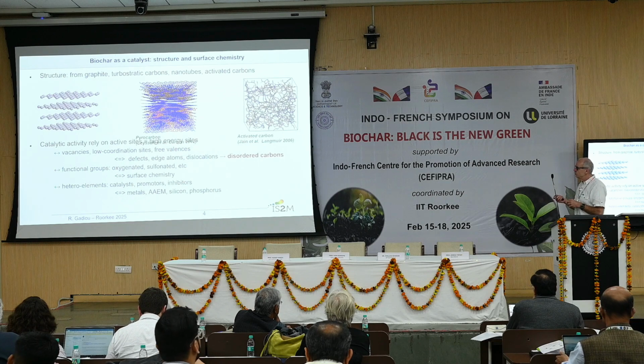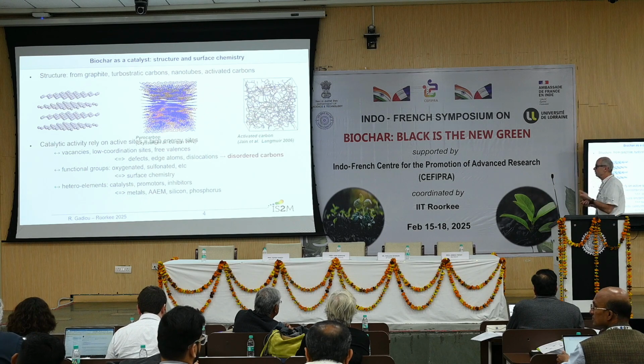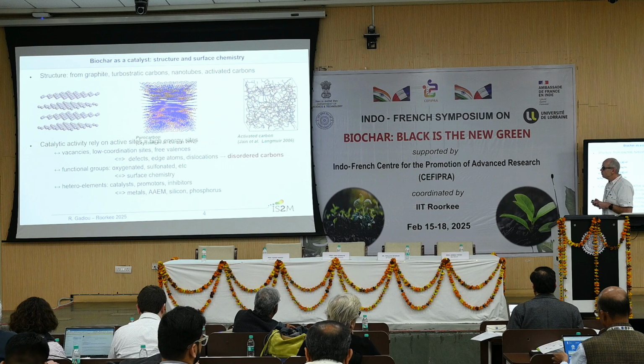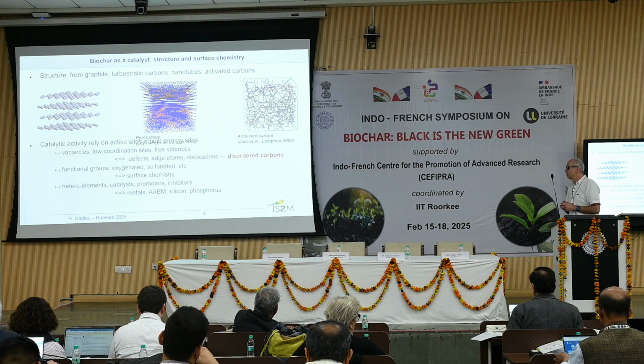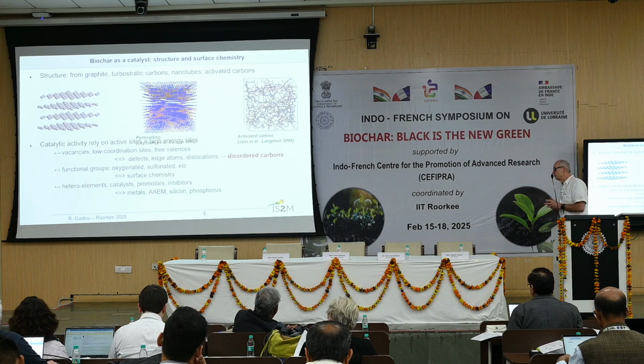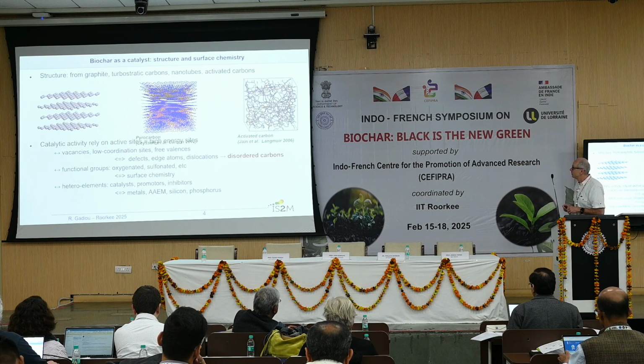Of course, these functional groups are strongly related to the structure of the material, since they will be grafted on the structural defects. Of course, we can add more and more heteroelements, which may be catalysts, promoters, inhibitors. We have endogenous elements or added elements, which are metals, alkali or alkaline earth metals, silicon, phosphorus, and so on. So all this makes up carbon material.